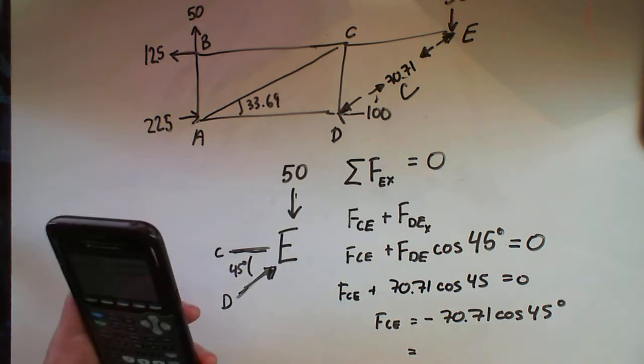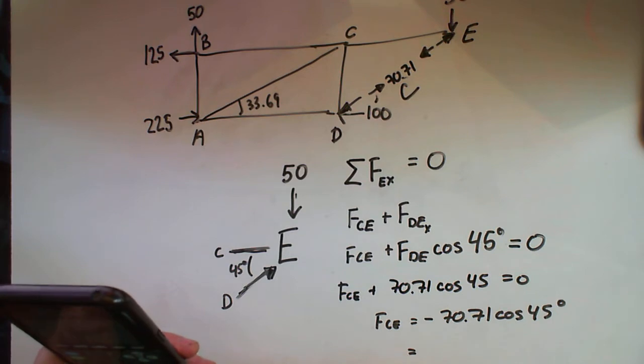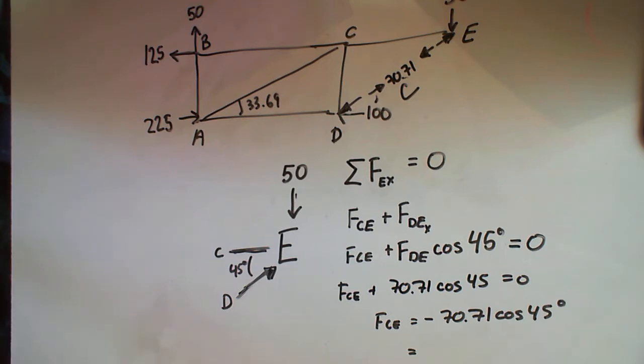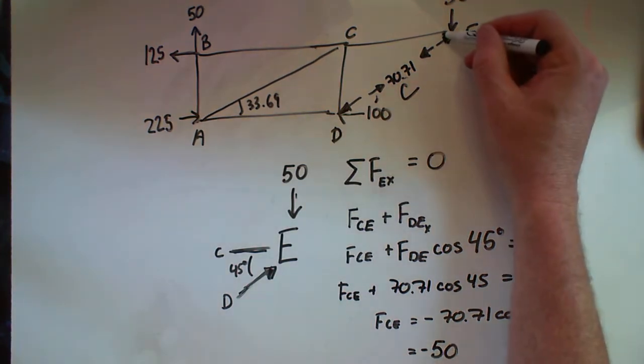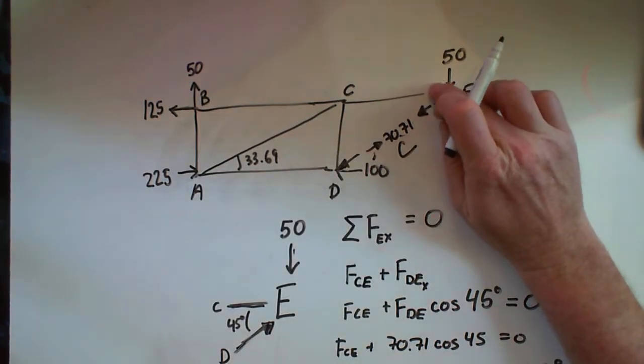And I plug that in the calculator, and we get -50. So here, we are working in X. That's -50.